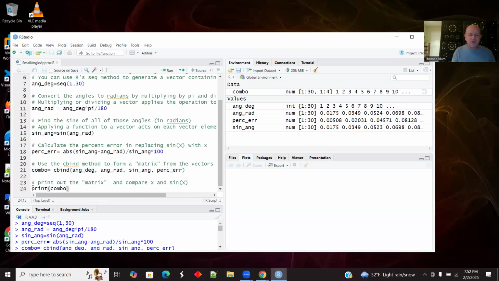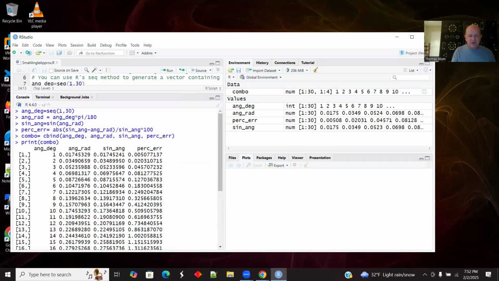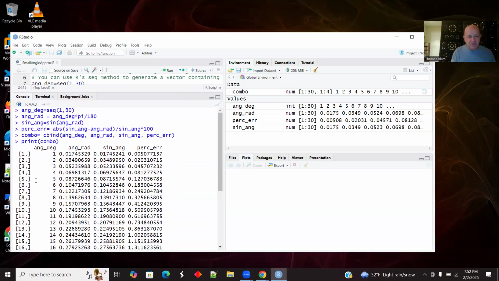And then I do go ahead and display it, print the combo, and that put it down here in the console, giving us this nice listing of the various angles. It allowed us to pick out degrees that we could go to for a particular tolerance. Okay, that's what I wanted to show you with this one. Thanks for your attention.